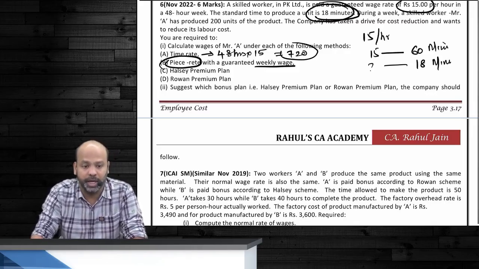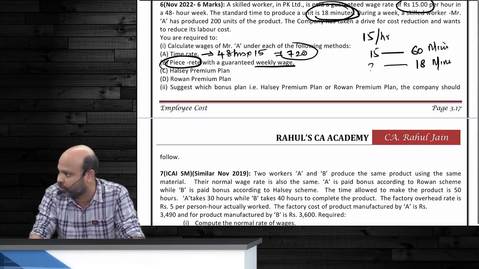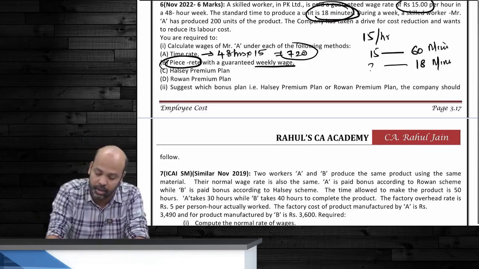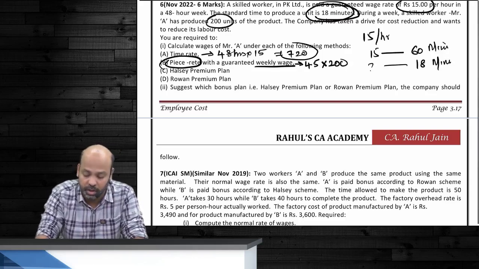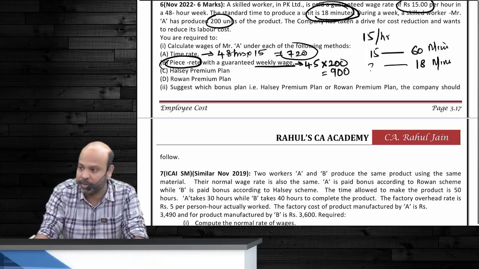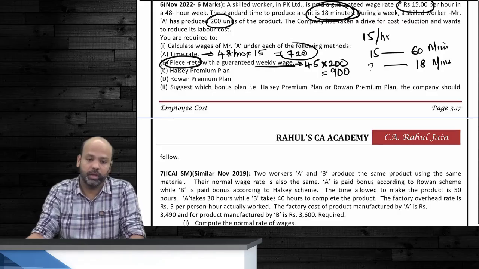So if rate per piece is not given, it will always be computed on the basis of standard time and rate per hour. So here it will be 4.5 rupees. This 4.5 rupees you will multiply by 200 units that they have manufactured. The total wages as per piece rate system is going to be 900. Are you getting it?